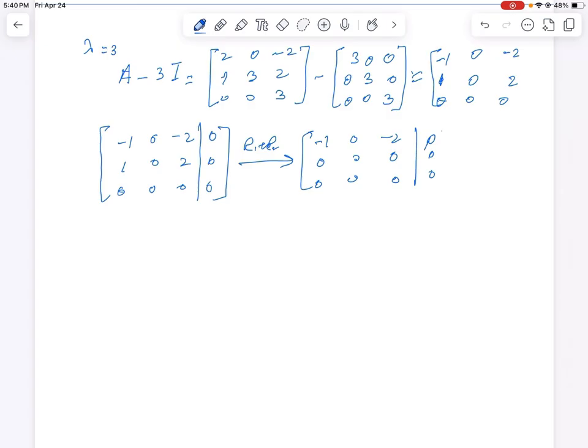So now notice here, there is only one pivot, and we can multiply by -1. So I'll multiply the first row by -1. So we end up getting 1, 0, 2, 0, 0, 0, 0, 0, 0, and the augmented vector.